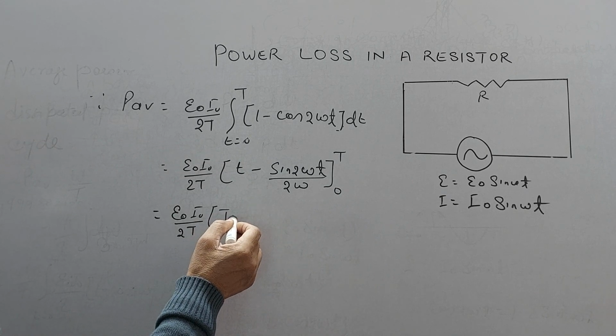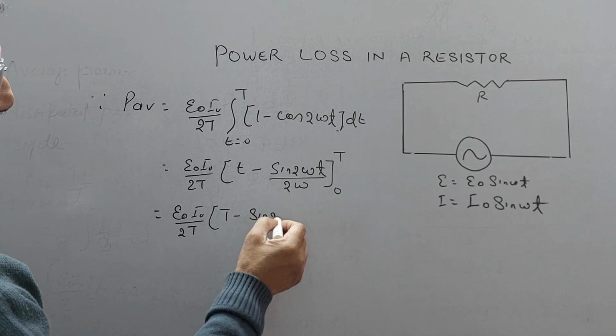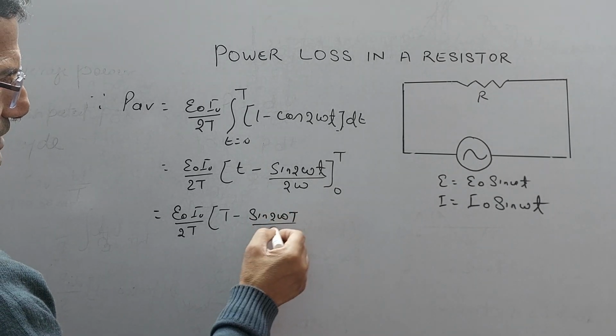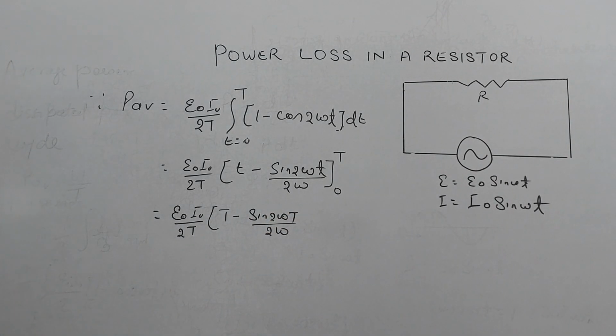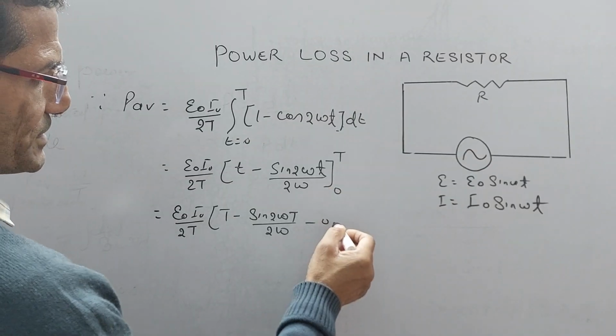First put the upper limit: t minus sin 2 omega capital T divided by 2 omega, and then put the lower limit, which is 0 in place of this and 0 in place of this also.